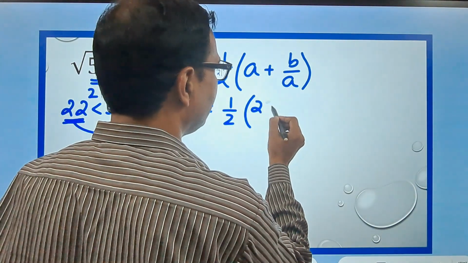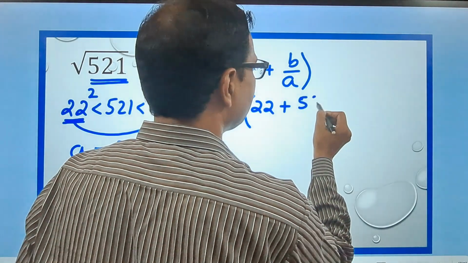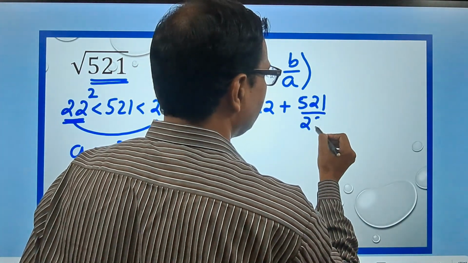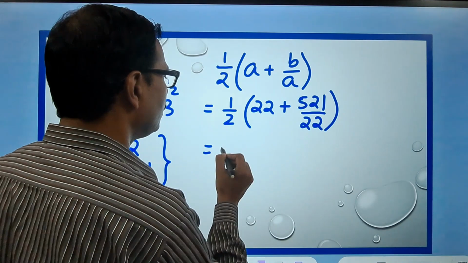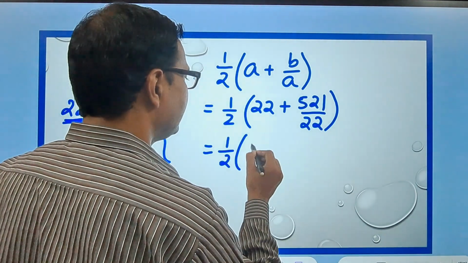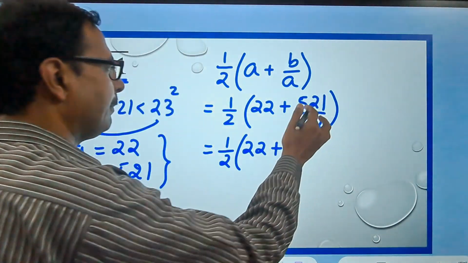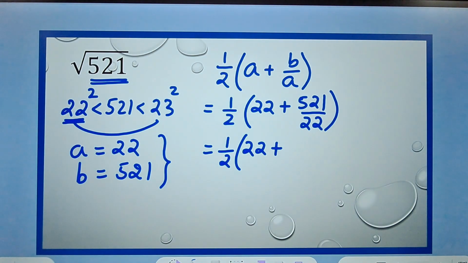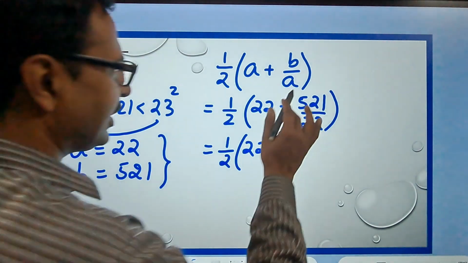So 22 plus 521 upon 22. So what we need to do here is to divide 521 by 22. Now that is the calculation which will be an extra calculation in this. Apart from that, there is no other calculation which will come in this particular trick of finding the square roots of imperfect square numbers. So I've done it already for you.